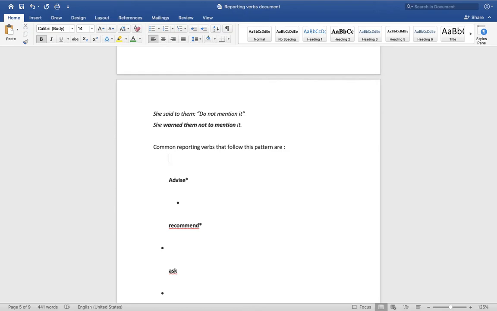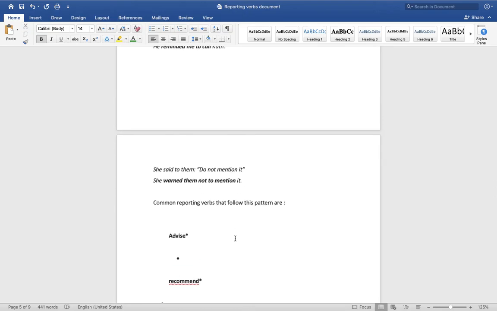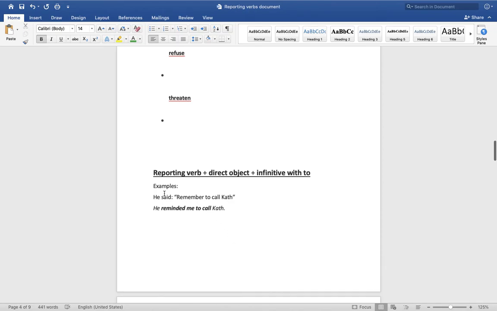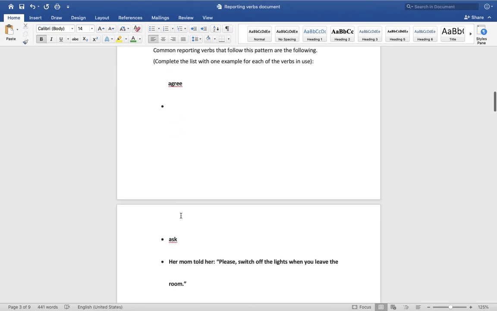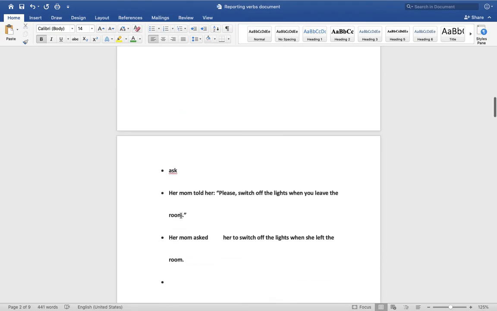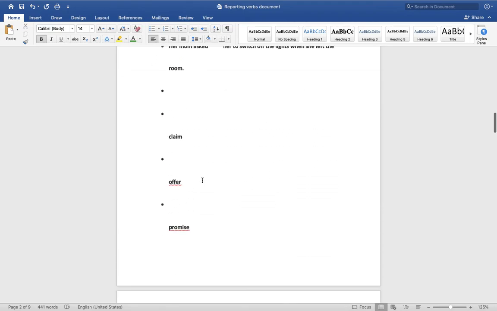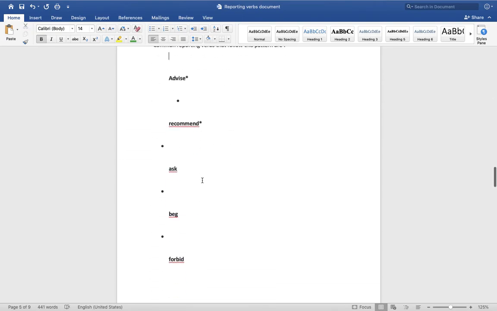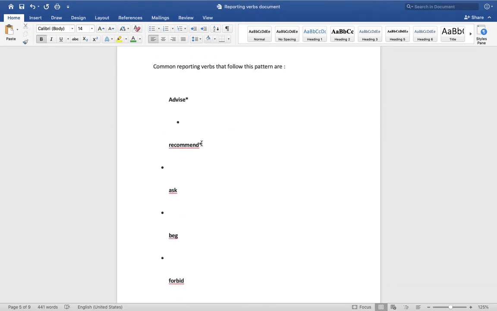That's because, as we saw before with ask in the previous group, you can use those reporting verbs with or without the direct object, right?